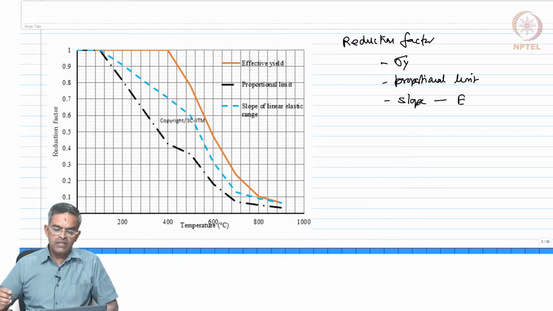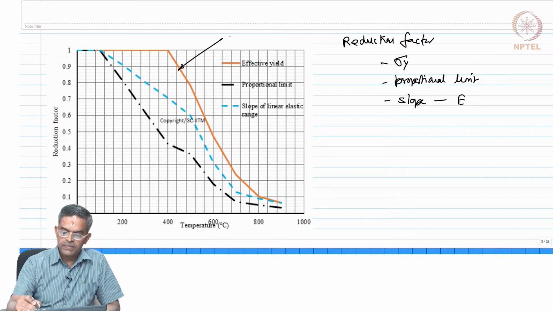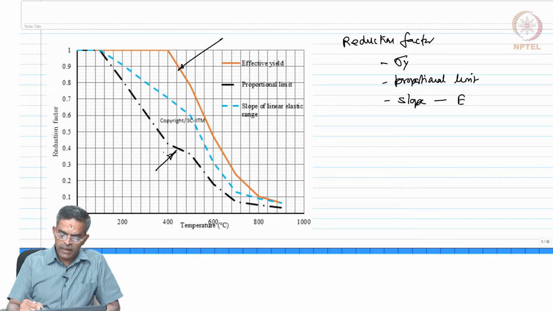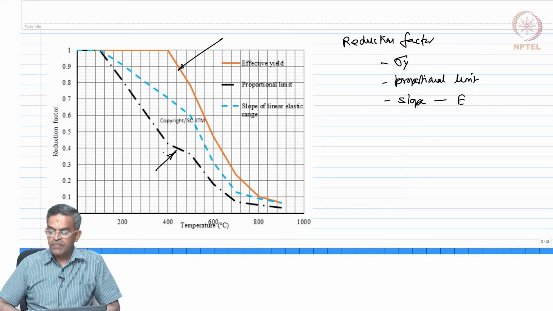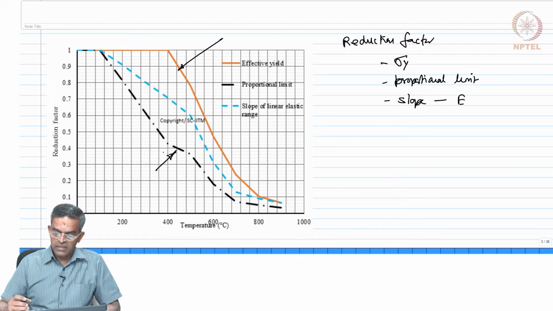So, effective yield is given by the crayon color, proportional limit is given by the black color, and the slope of the linear elastic range of stress strain curve, which is helpful to compute the modulus of elasticity, is given by the blue color.